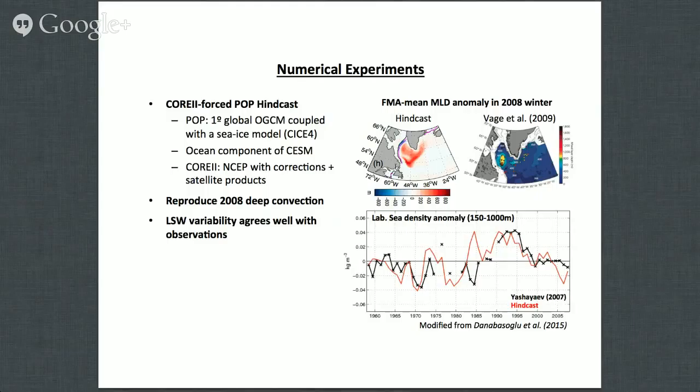I want to highlight two aspects here. First, this hindcast simulation reproduced the 2008 deep convection quite well. The upper right panel shows the mixed layer depth anomaly in the 2008 winter in the hindcast simulation, and to the right, this is from Argo observation. The shading is the 2000 to 2007 mean, and this triangle is the mixed layer depth in the 2008 winter.